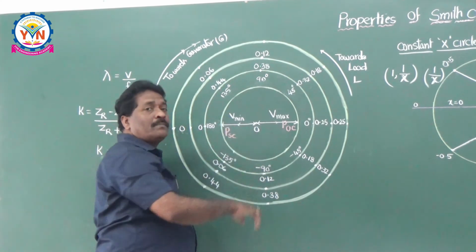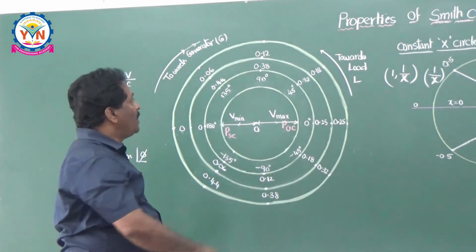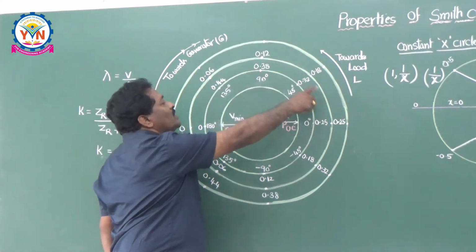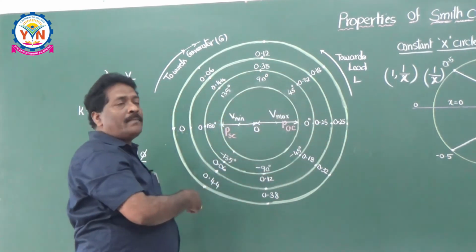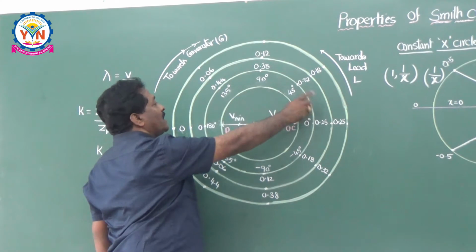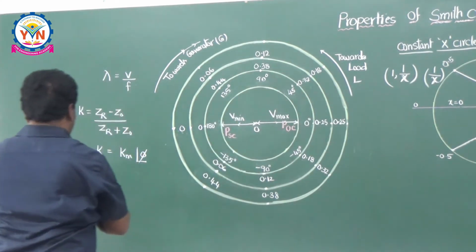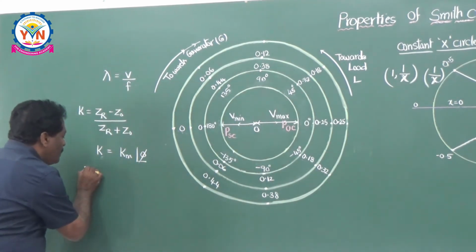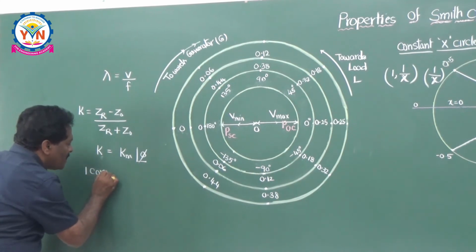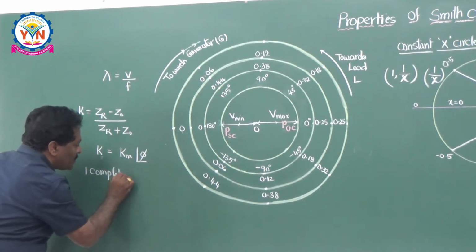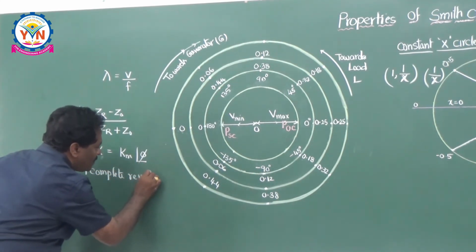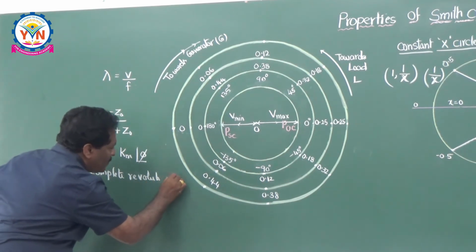One more most important point is here. If you take a complete revolution on the chart, that is equal to half of the wavelength. So one complete revolution on the chart is equal to lambda by 2.